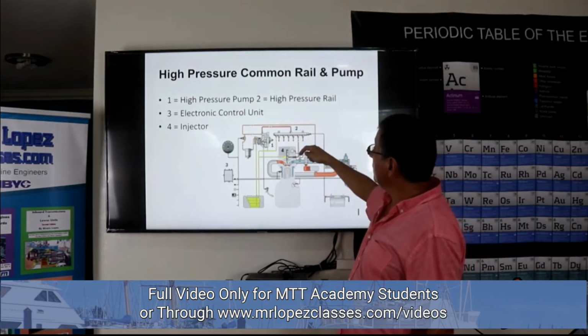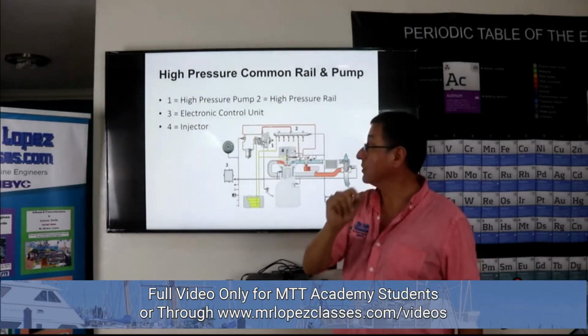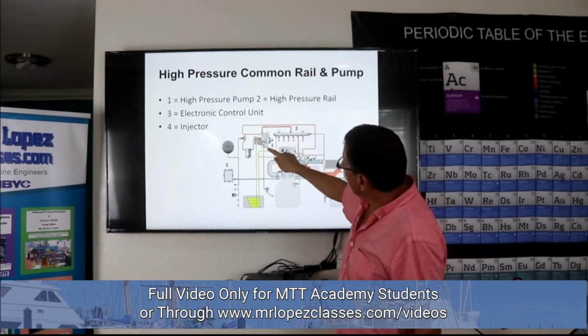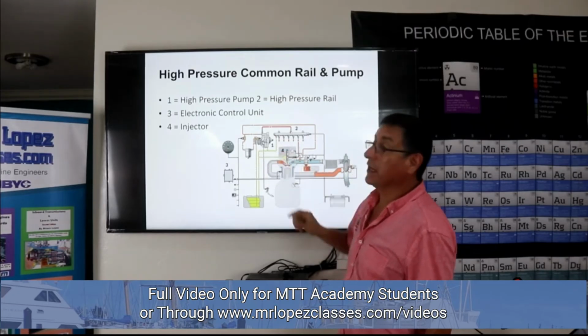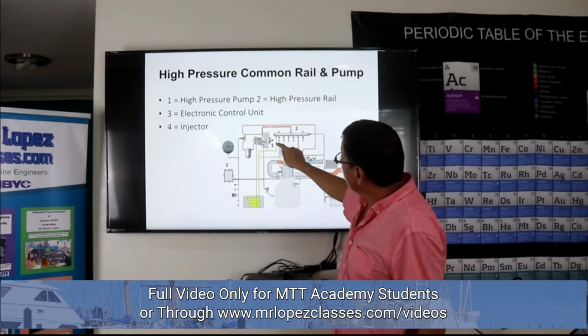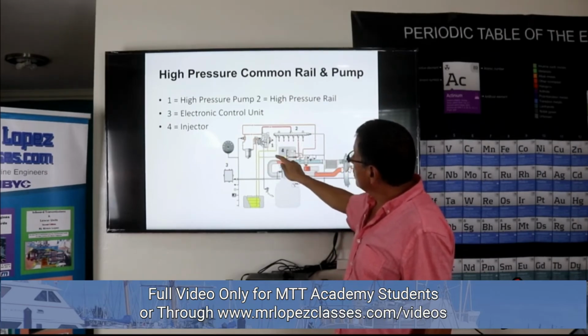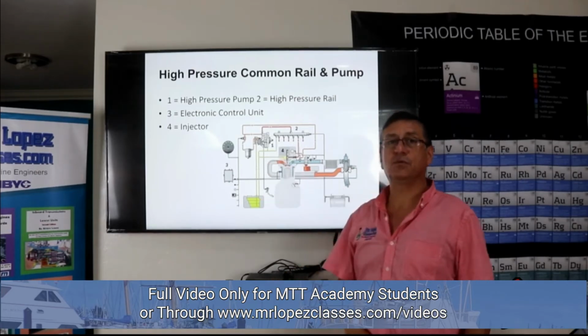Each injector has an input on one side and a return on the other side. This is one of the returns. One return from the injector, another return from the injection pump, and another return from the common rail. We have three returns. One return, the yellow one, from the common rail, another from the pump, and another from the injectors. All of them converge in one point and return into the fuel tank.